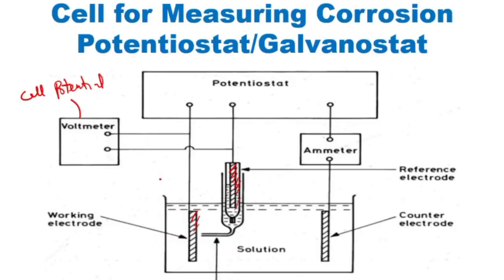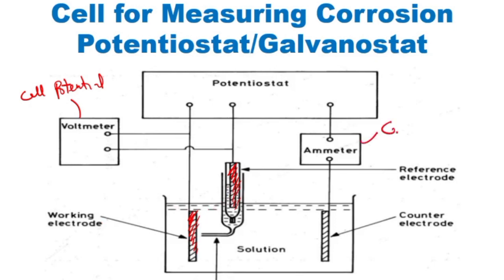So for the cell potential, we have it between the working electrode and the reference electrode. The potential difference, which is the controlled variable, is determined between the working electrode and the reference electrode.